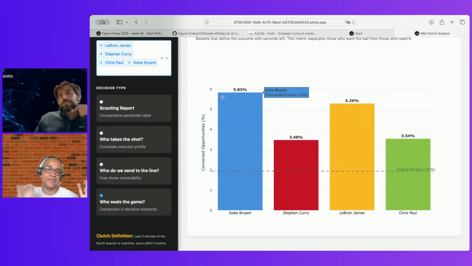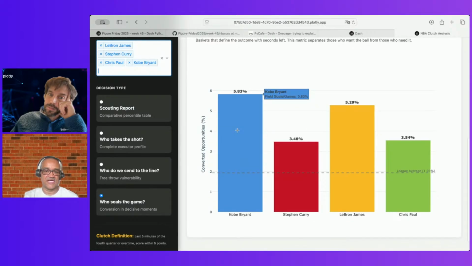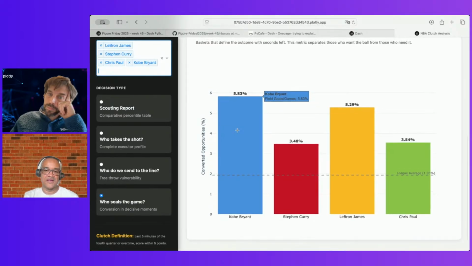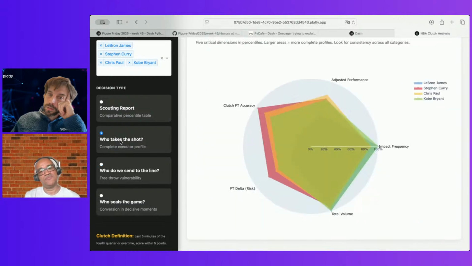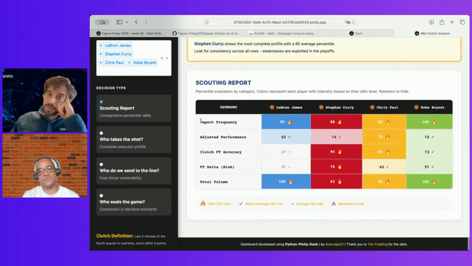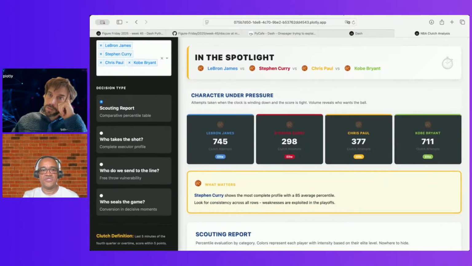And Kobe Bryant, almost 6% of converted opportunities. Also with Kobe Bryant, I remember even playing with Shaquille O'Neal, the ball was for Kobe. And that's basically what I try to do with the data set.